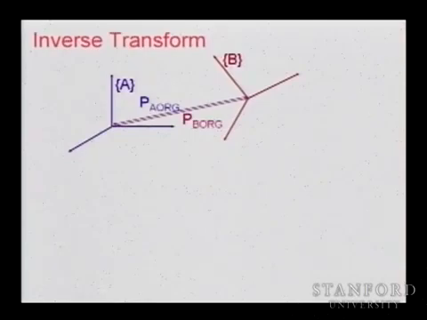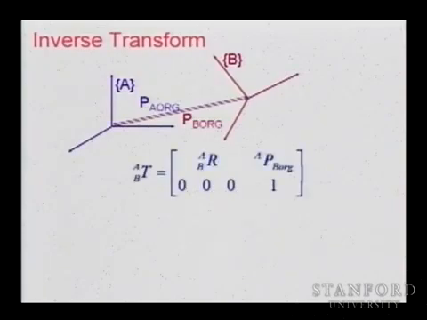In the case of rotations, the inverse is very simple. What is the inverse of R, the rotation matrix from B to A? Transpose. Now, for the homogeneous transformation, this is not the case. We cannot just say it is transpose, because this matrix is not orthonormal, due to the presence of the translation.